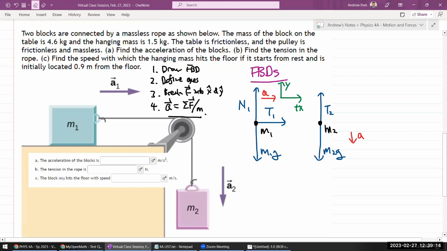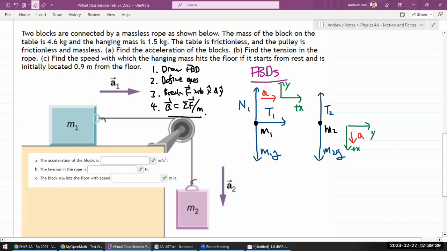And for object number two, you can define axes independently for each object. So this axis doesn't have to be the same. I'm going to use that freedom to define downward to be plus x for mass two. I could also define a y direction, but here I don't have anything interesting in that direction, so I don't really have to worry.